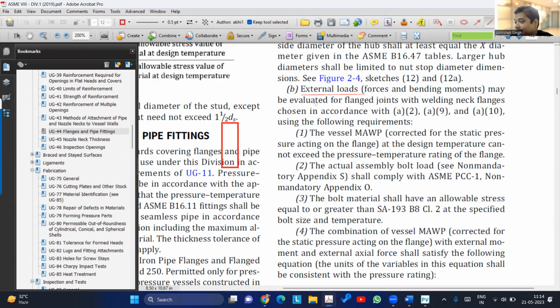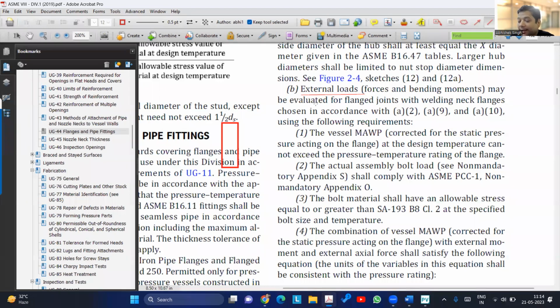Can I do that? Can I use FEA in place of mandatory appendix 2 when section 8 division 1 is applied? If no, then why? Why can I not use it, or if yes, how are you using it?